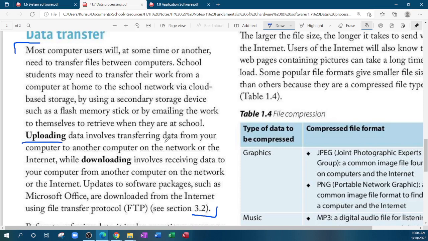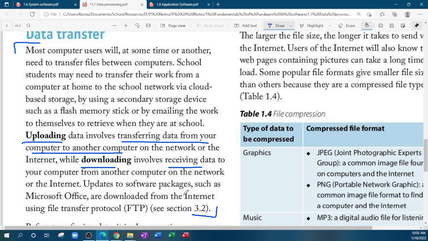Uploading data involves transferring data from your computer to another computer on the network or the internet, while downloading involves receiving data to your computer from another computer on the network or the internet. Updates to software packages, such as Microsoft Office, are downloaded from the internet using File Transfer Protocol (FTP).